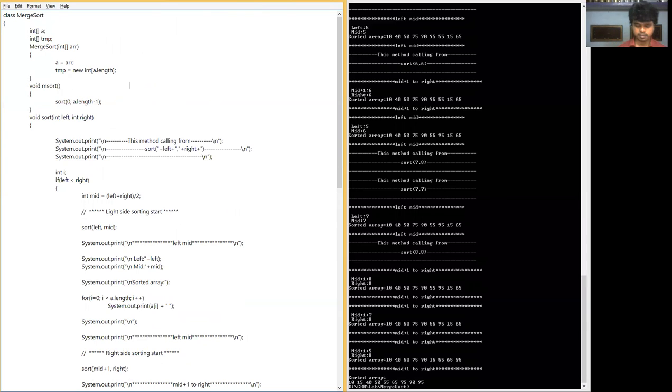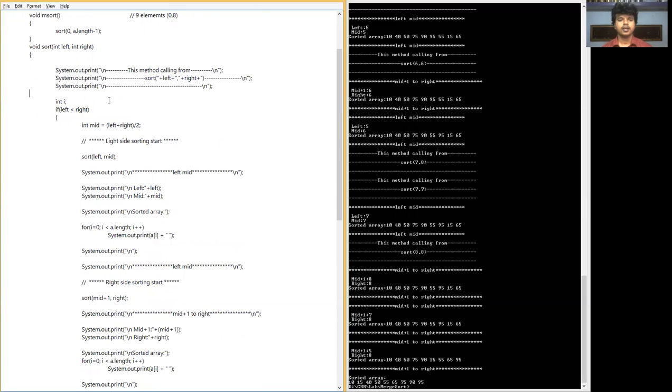Array length is how many elements exist here: 1, 2, 3, 4, 5, 6, 7, 8, 9. 9 elements is the length of the array. So 0 is the starting index, index 0, comma, 9 minus 1, 8, so 0 to 8. So we are going to sort this array A of elements 0 to 8.